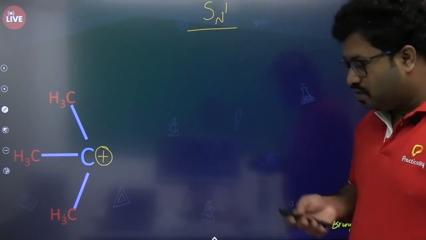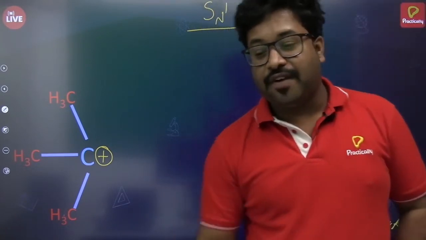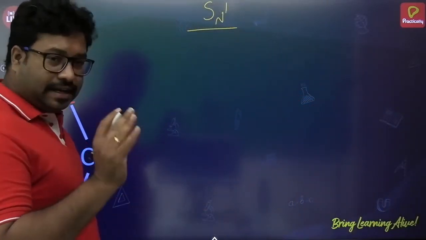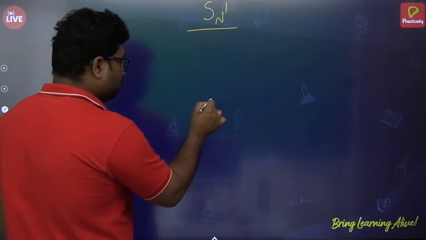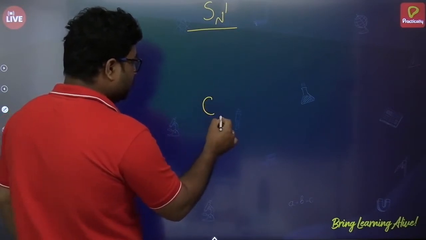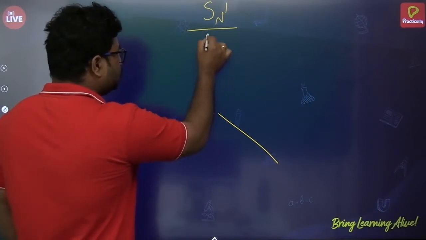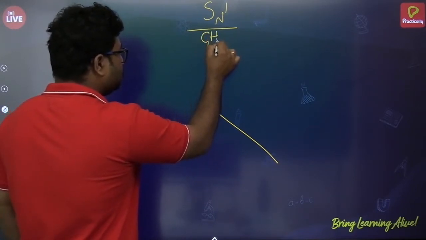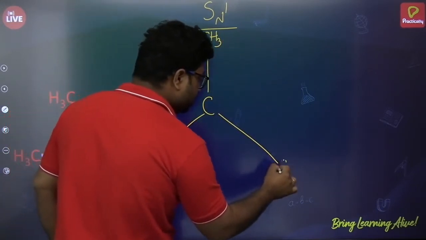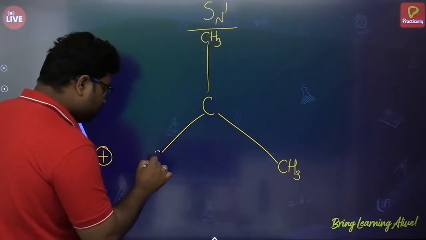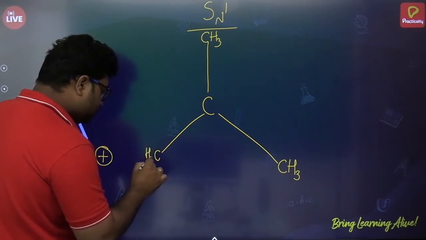Okay. Moving ahead now. As I told you, this is how your carbocation actually looks like. But in reality, let me show you the real structure. It actually looks like this. So this is your CH3, CH3, CH3.